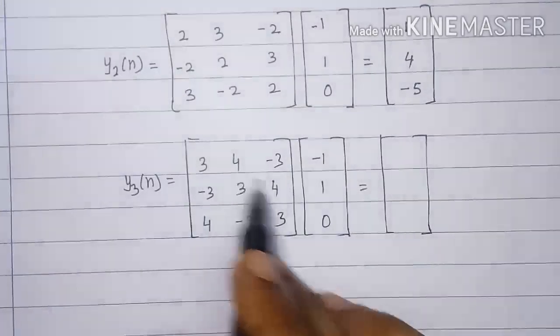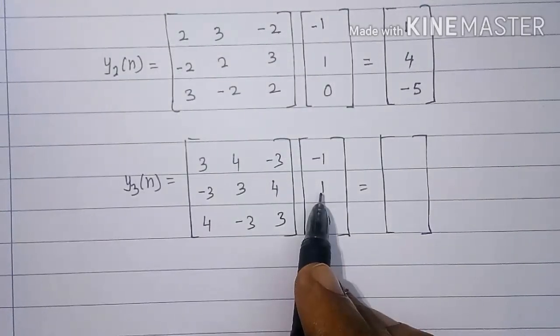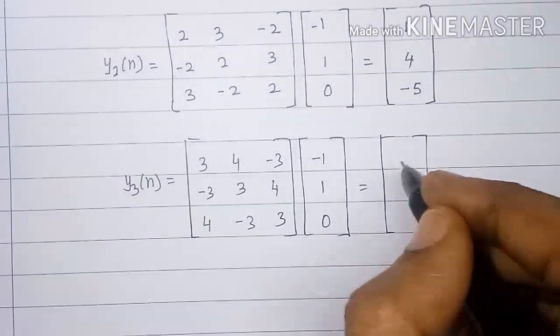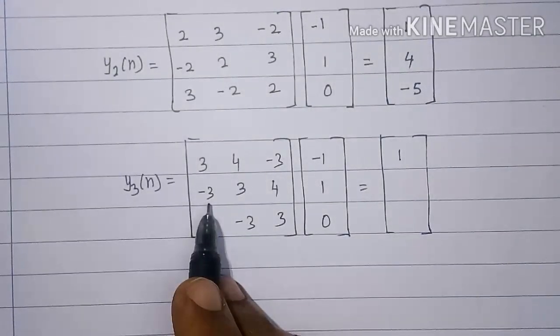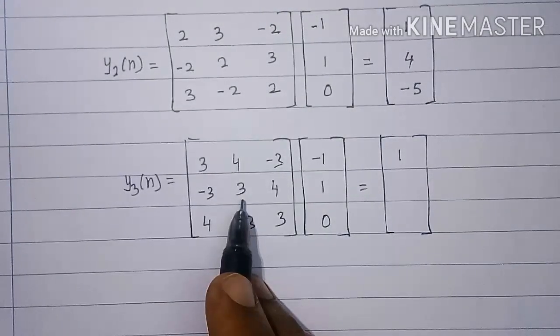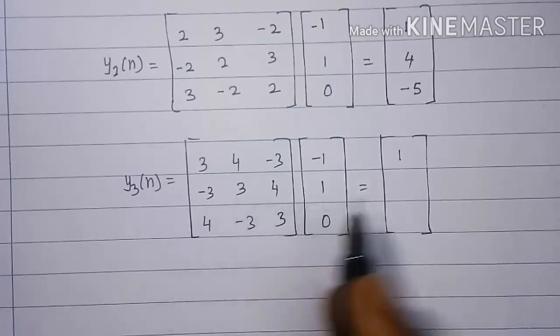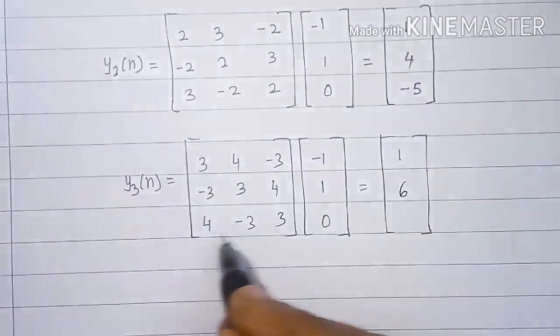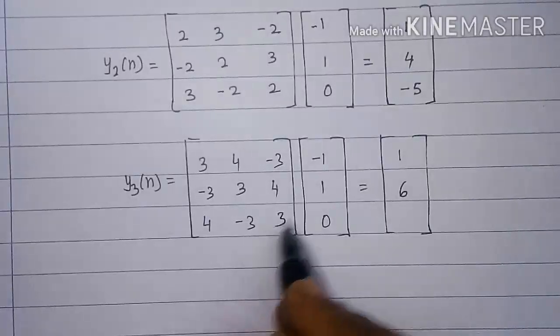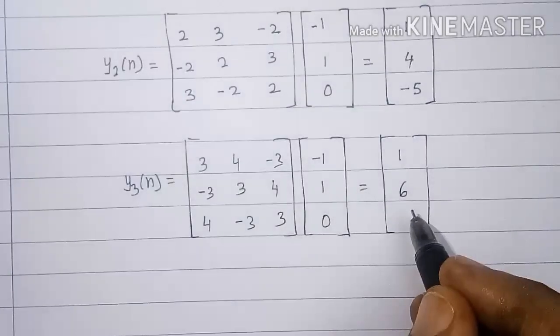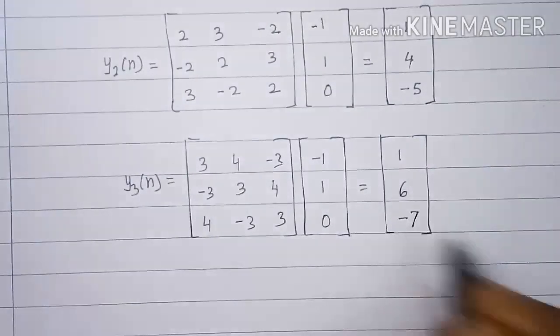Minus 3 plus 4 will get 1, plus 3 plus 3, you will get 6, minus 4 minus 3, you will get minus 7.